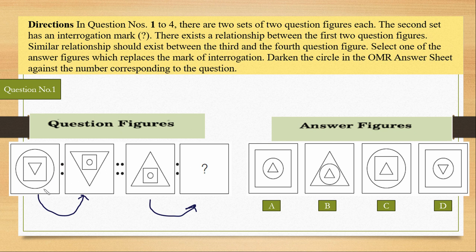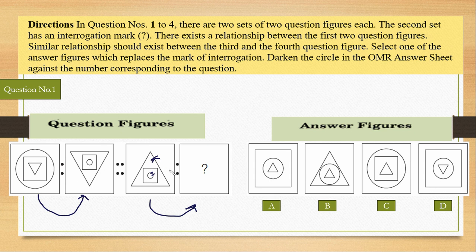So in the first and second, the relation that exists is, see here, the outside circle and the inside triangle are exchanging, right? As you can see, the triangle came out and the circle went inside. The same analogy we have to apply to the second set. So here outside is the triangle and inside is the circle. So we have to exchange these two.